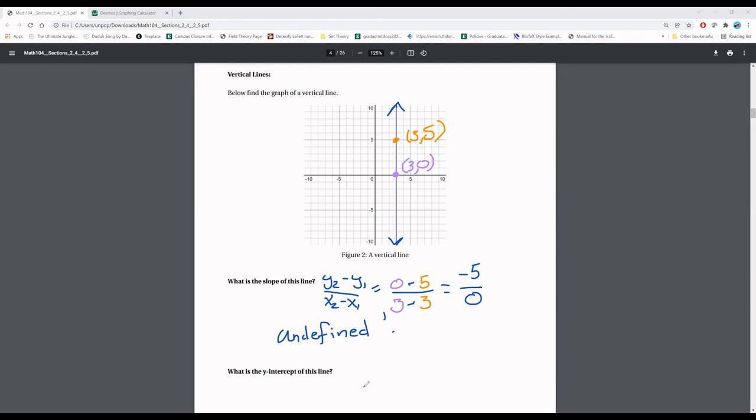So our slope here is undefined. What's the y-intercept of the line? Well, let's see, where does it cross the y-axis? In fact, it does not. And that can happen.